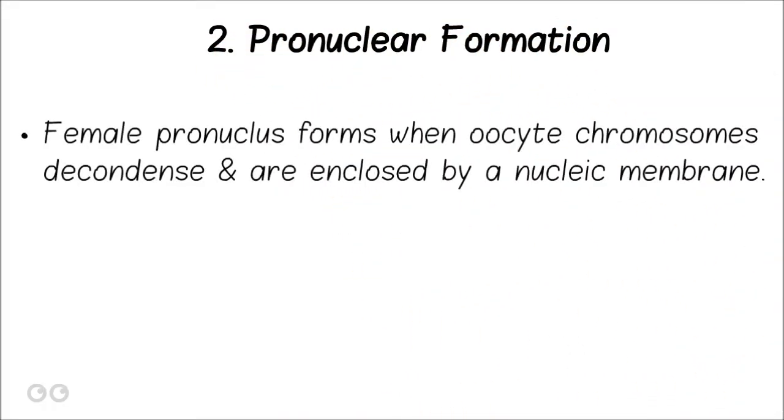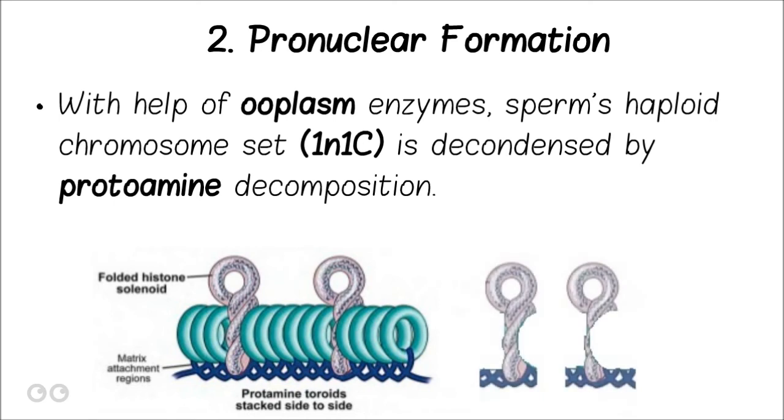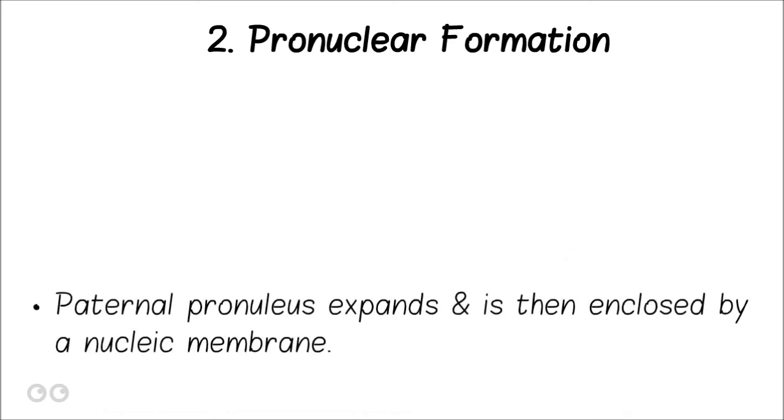The female pronucleus forms when the chromosomes in the oocyte decondense and are enclosed by a nuclear membrane. Similarly, with the help of enzymes and other molecules from the ooplasm, which is the egg cytoplasm, the sperm's compact haploid chromosome set, abbreviated 1N1C, is decondensed by decomposing the protamines that tightly wrap the DNA together. The paternal pronucleus expands and is then enclosed by a nuclear membrane.